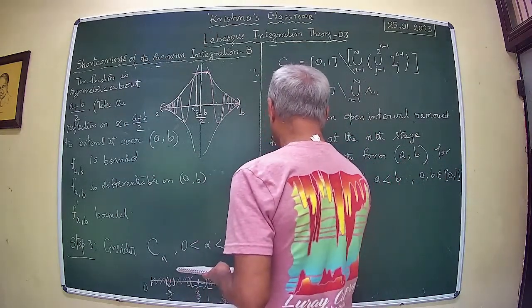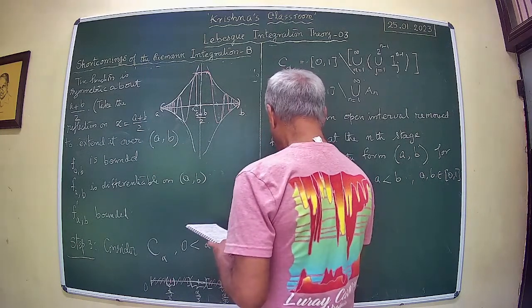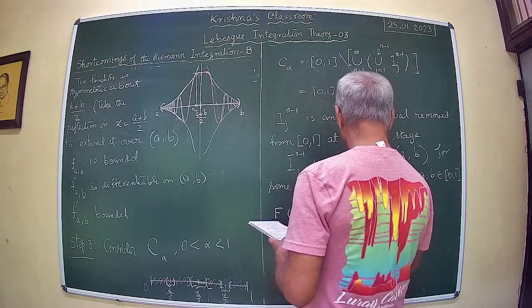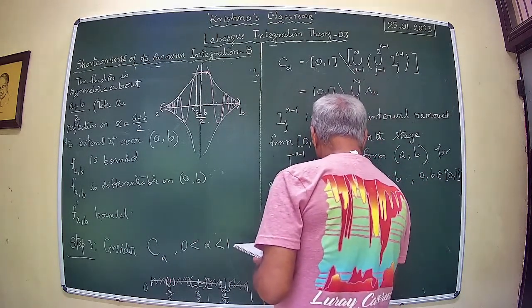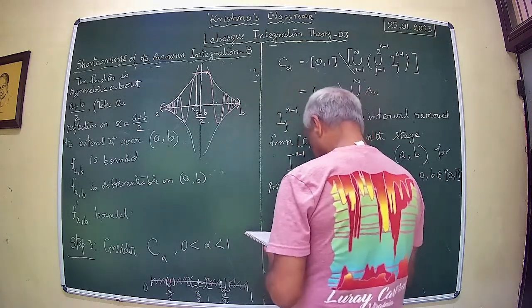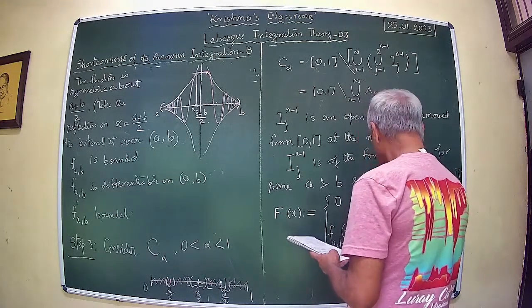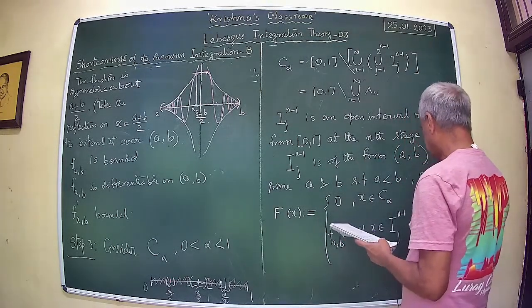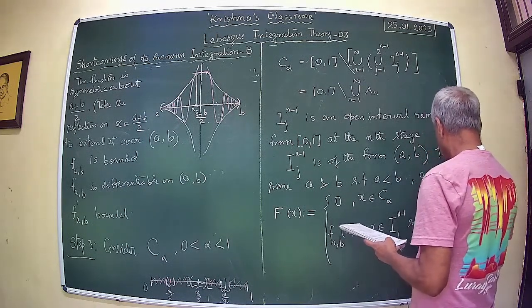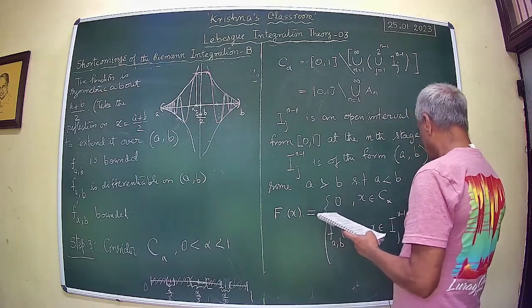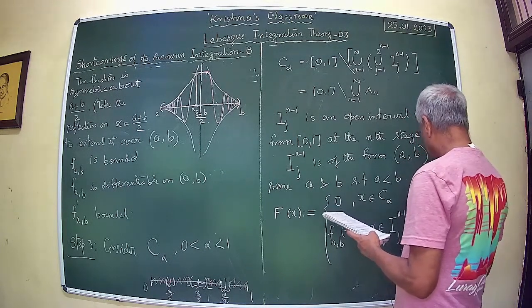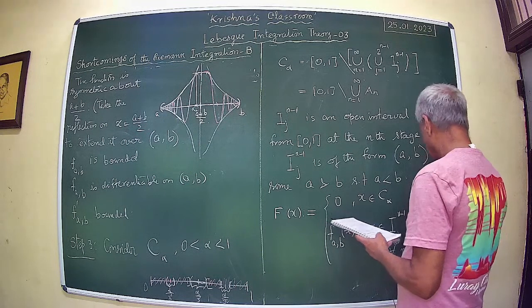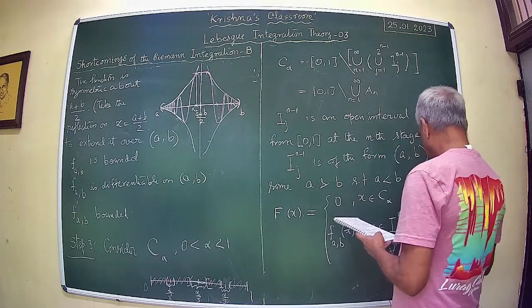Now we define a new function, capital F, which is equal to 0 for x belonging to C alpha, and equal to f_AB, which we have already defined, of x if x belongs to I_j^(n-1), set as AB, for every n, j with 1 less than or equal to j less than or equal to 2 to the power n minus 1.